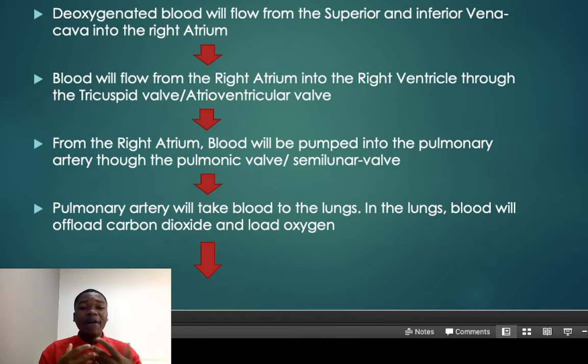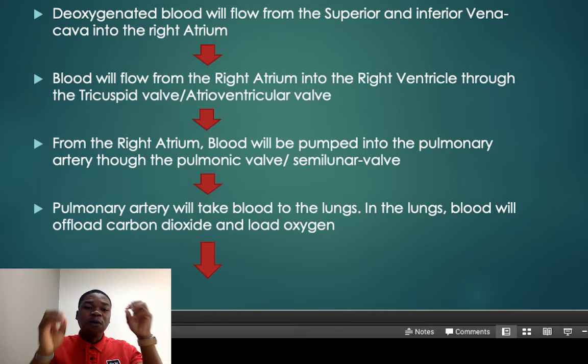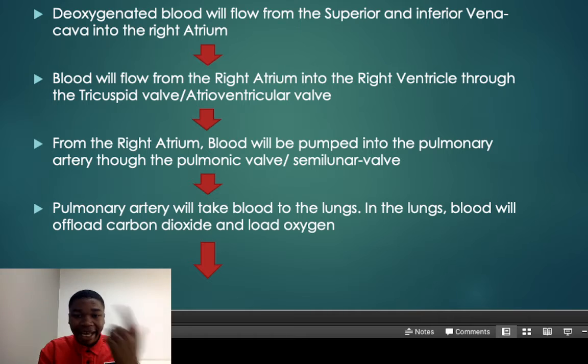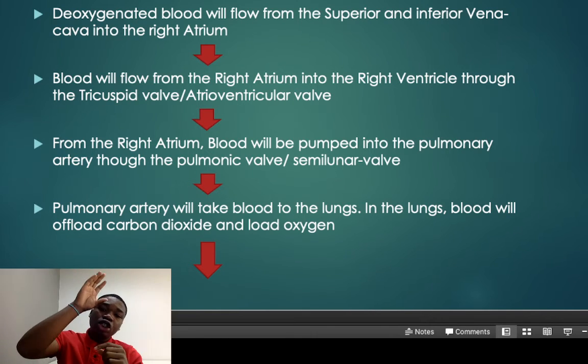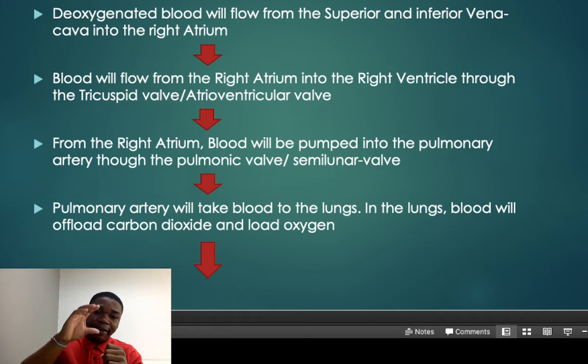After the blood flows into the right atrium, blood will flow from the right atrium. This is the main point. Keyword: from the right atrium into the right ventricle. Remember, the right atrium is on the top right, and the right ventricle is on the bottom right.